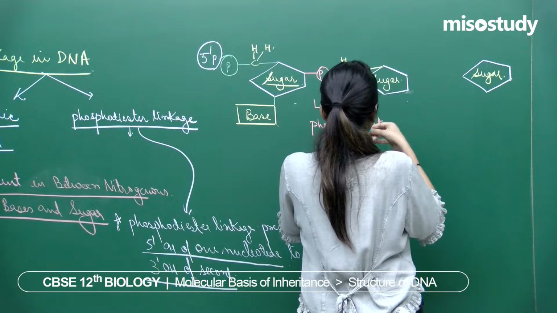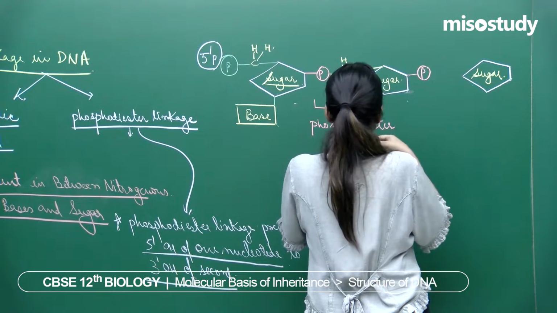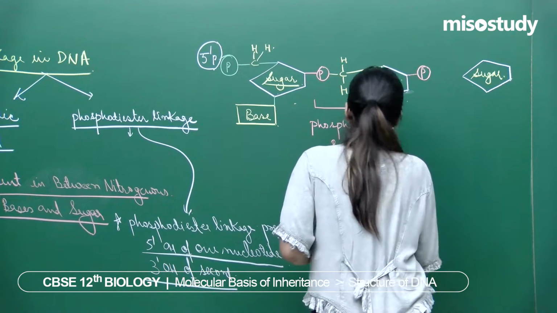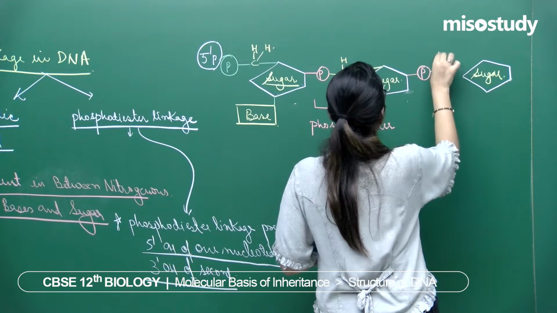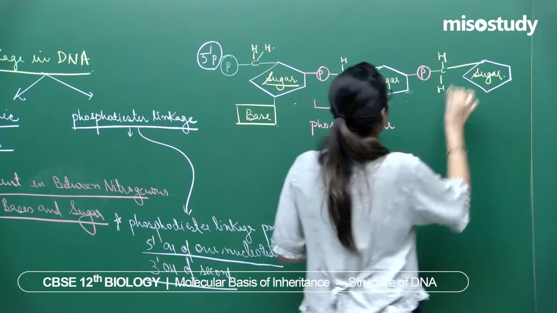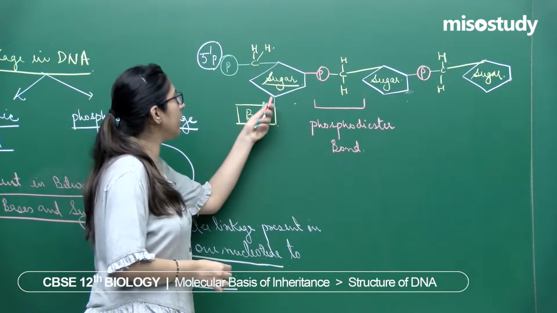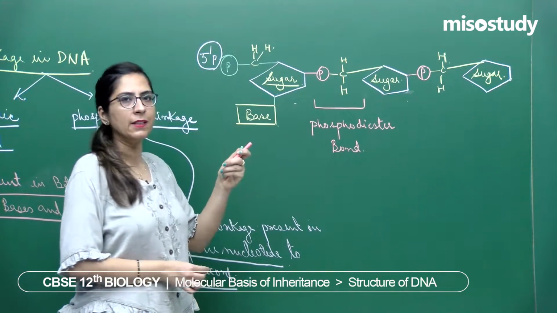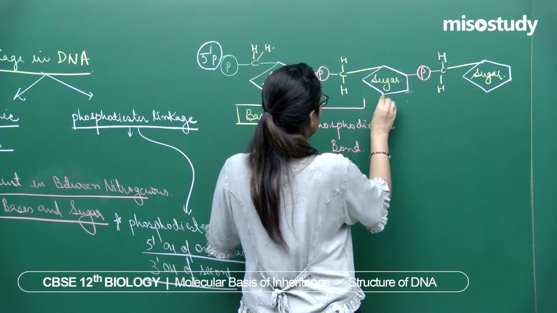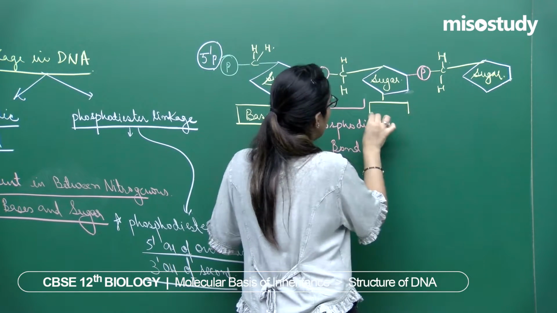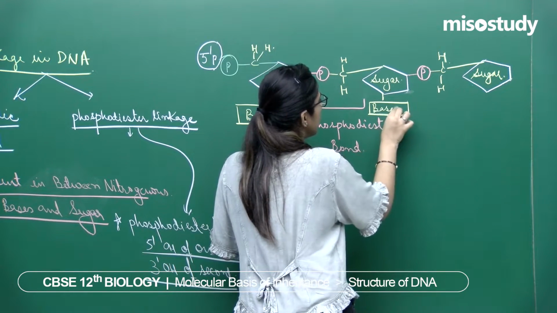A phosphate group is present here and joined like this. So this is how the structure of DNA looks. The base is present everywhere, even over here, and here also bases are present.